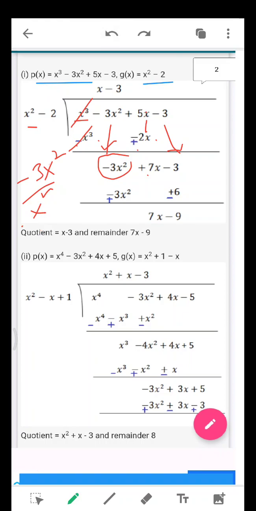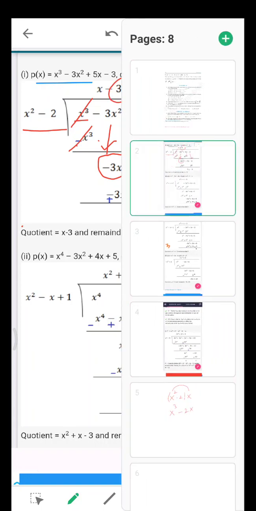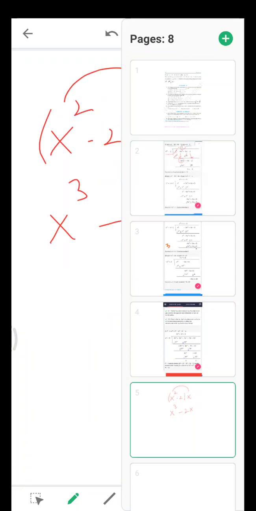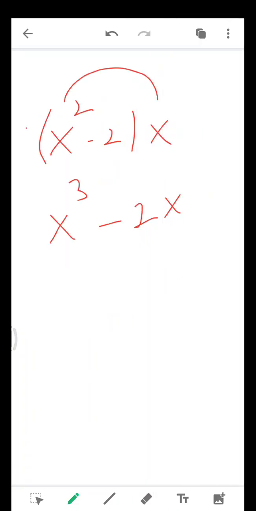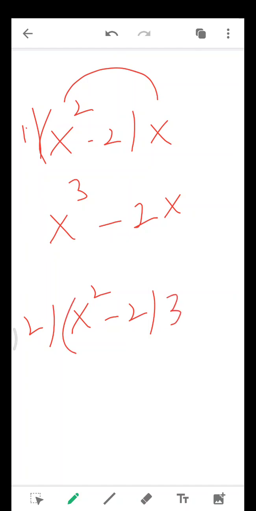Now I'll multiply x square minus 2 with the second term, that is minus 3. Let's see that in the rough column. X square minus 2 with 3. This was the first. Now the second step, x square minus 2, I'll multiply by 3 also. So what I get if I multiply 3x square and 3 times is 6.